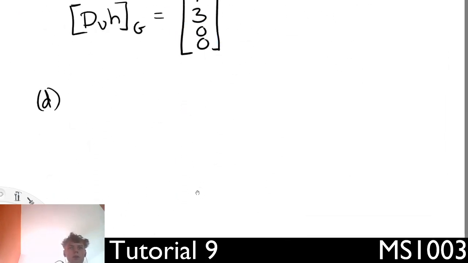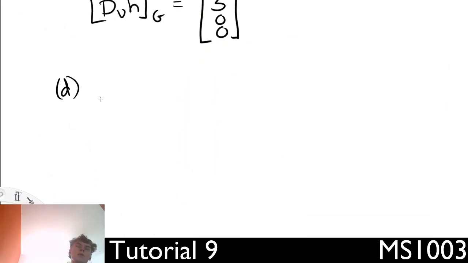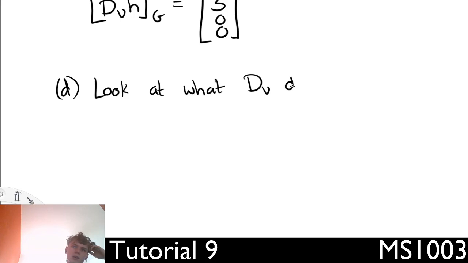So how do you do this? Remember, to make a matrix, you need to look at what D does to each basis vector.